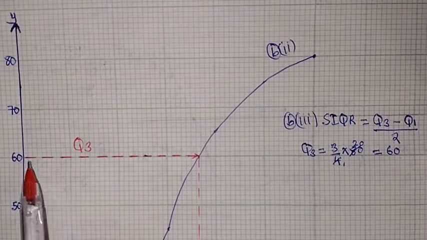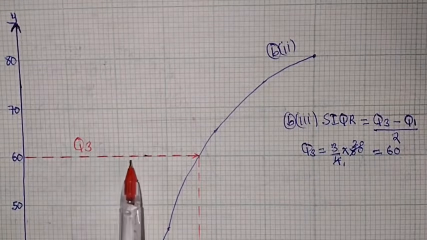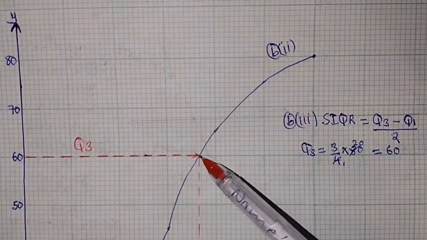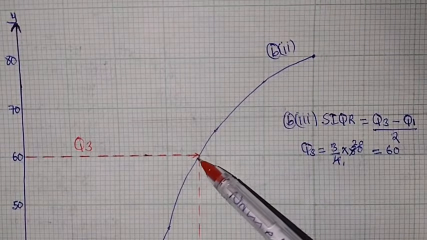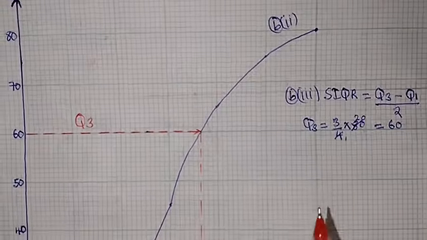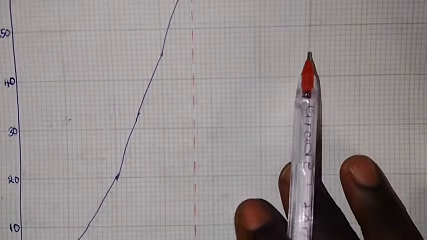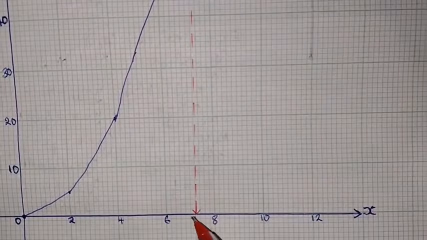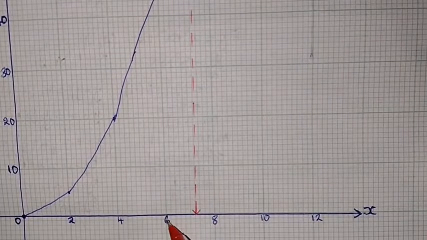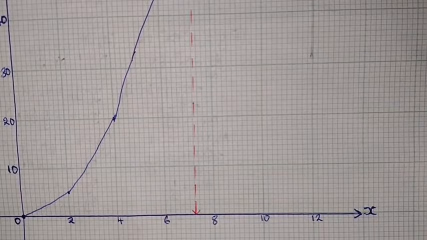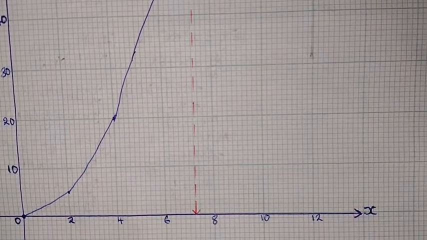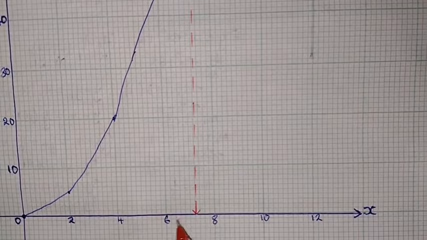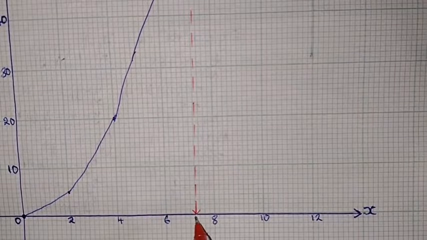This is our 60. Here we have made these dotted lines until we touch this curve, for the upper quartile, then we bring down to the x-axis, as you can see. So it's right here. You count, this is 6. There are 2 units passing from 6 to 8, so you need to count nicely to obtain the correct value.